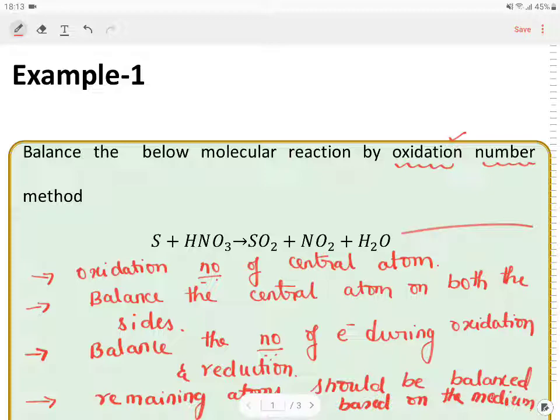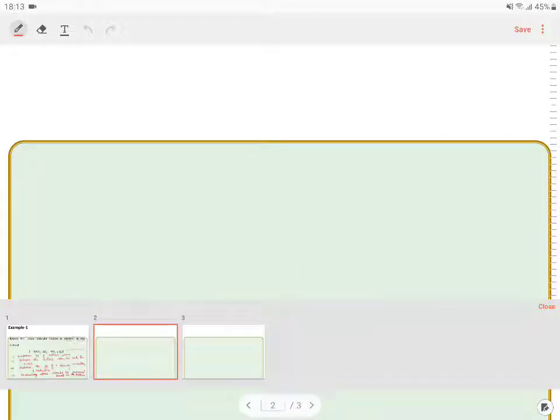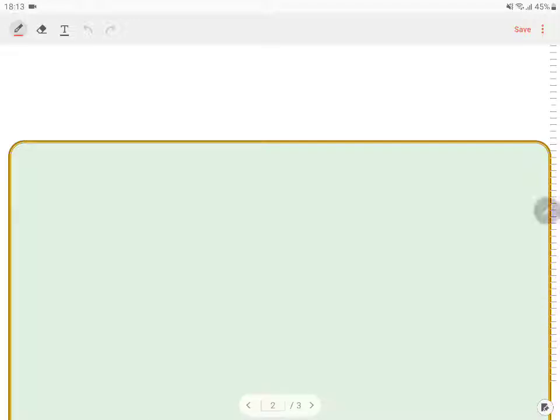Then let us write the equation, that is S plus HNO3 giving rise to SO2 plus NO2 plus H2O. So these are the things given. Now how to find out the medium?